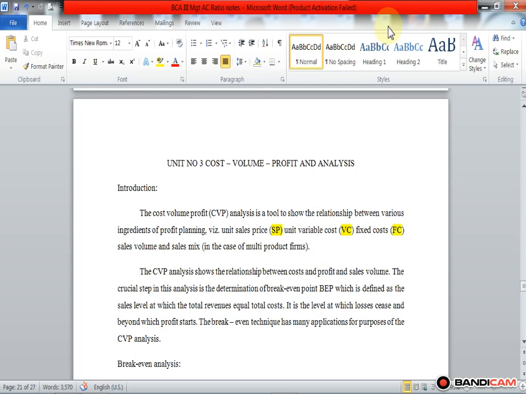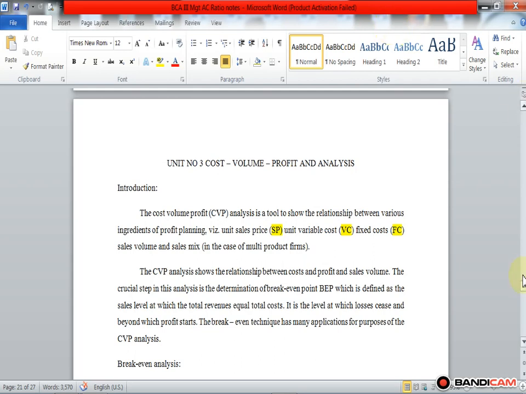And if the selling price is more than the total cost, then the firm earns a profit.